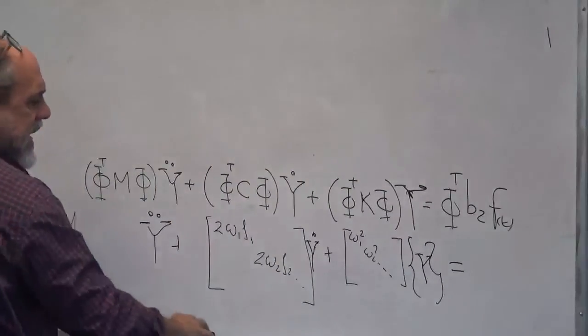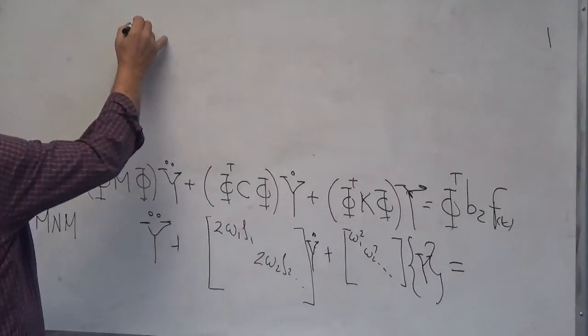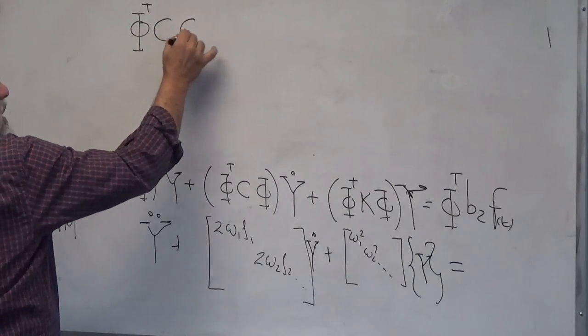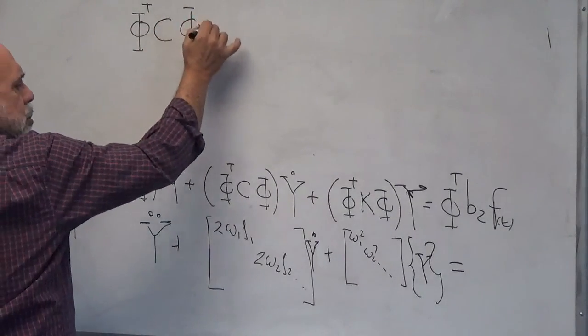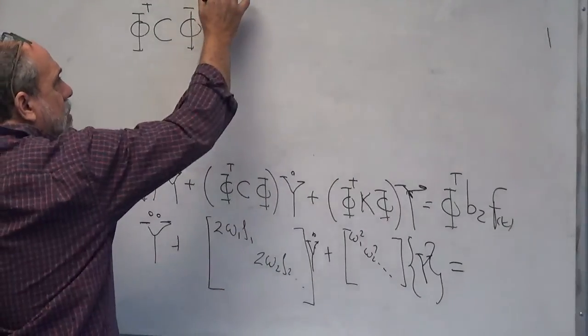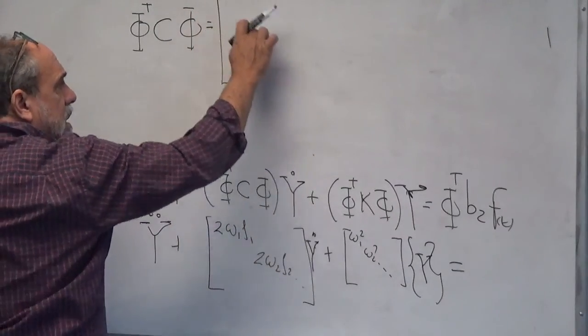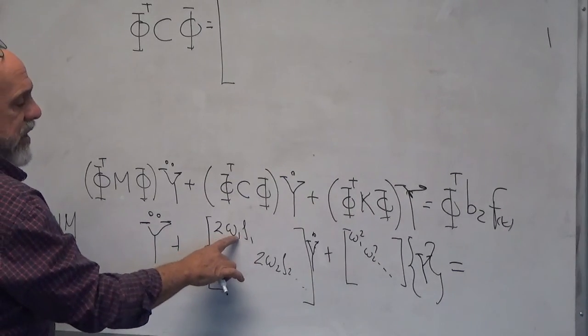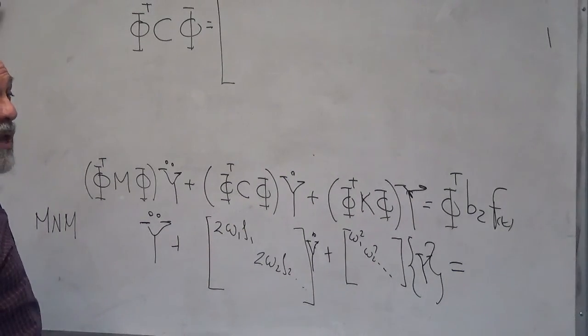Because we can then say phi transpose times the damping matrix times phi should be a matrix which is diagonal and that contains the product of 2 times the frequency times whatever dampings we want.